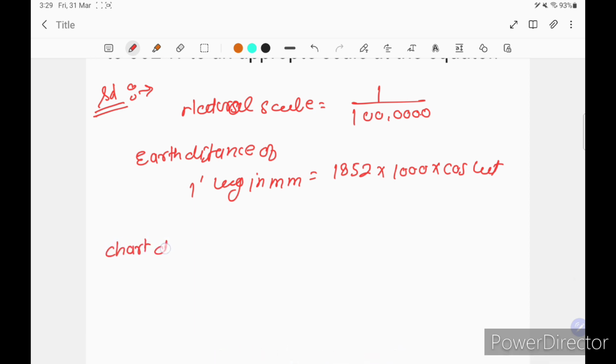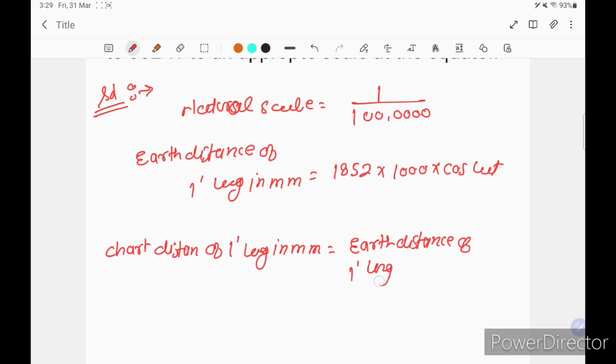Now the chart distance of 1 minute longitude in mm is equal to the earth distance of 1 minute longitude in mm into natural scale.